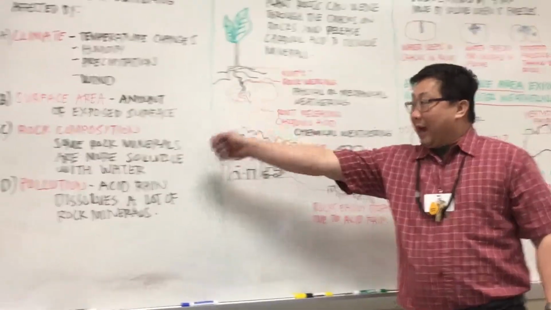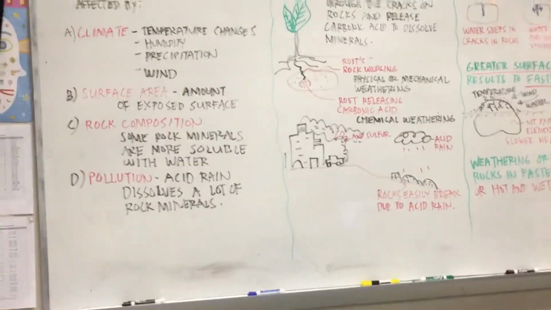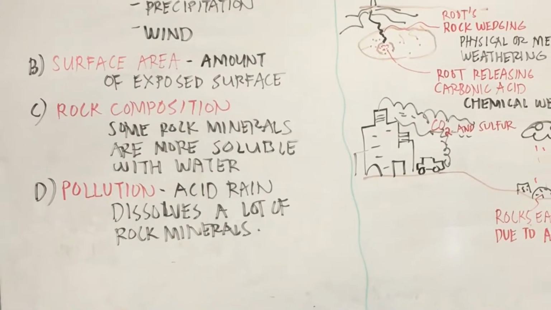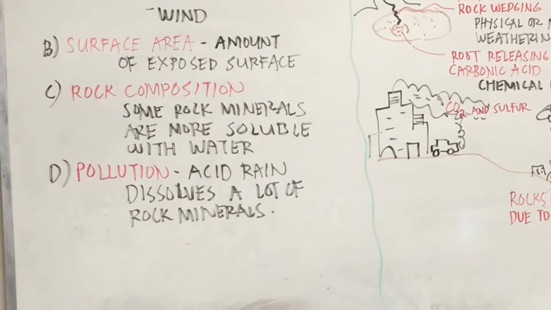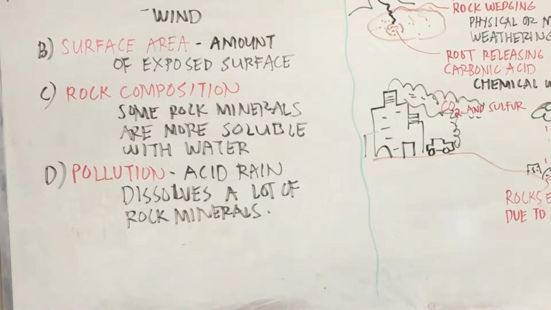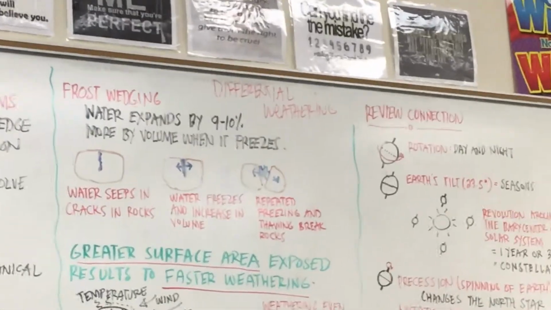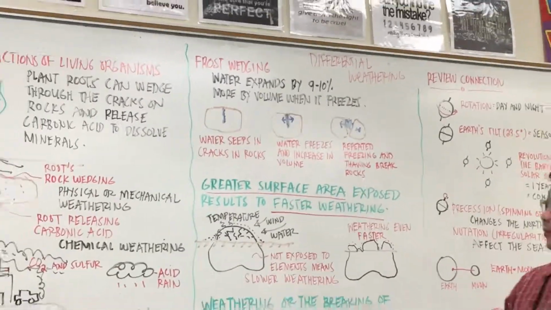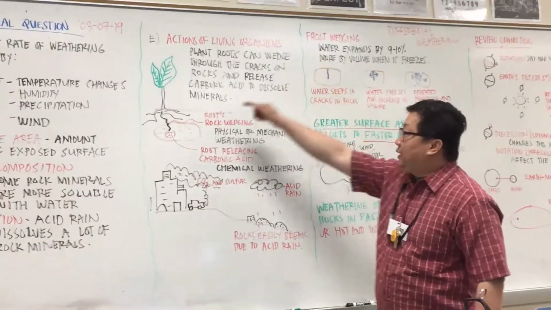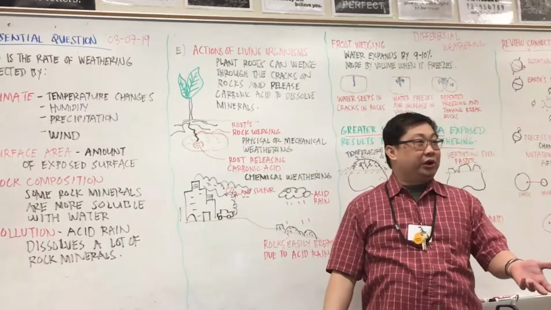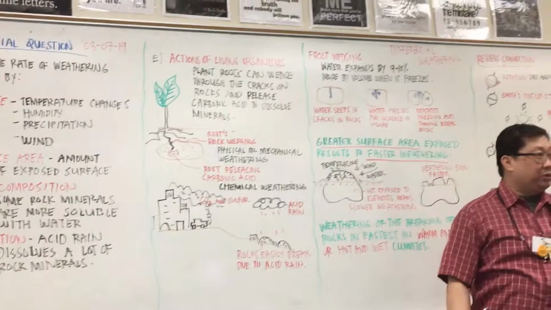Now, rock composition, I showed that to you in this video, and you've seen that some parts of the rocks were weathered and some were not. We call that differential weathering. That is also a physical weathering. Now, the action of living things, like this plant here, and the one that I showed you earlier, is a combination of the two.